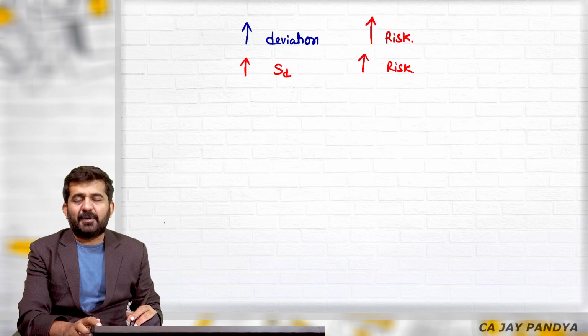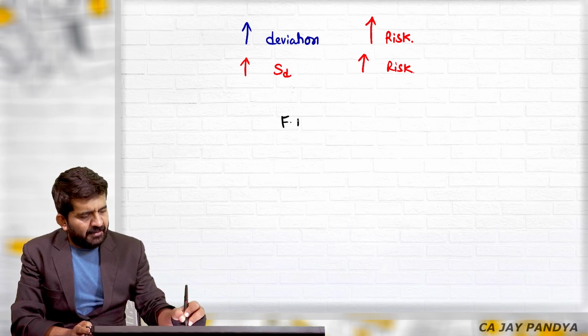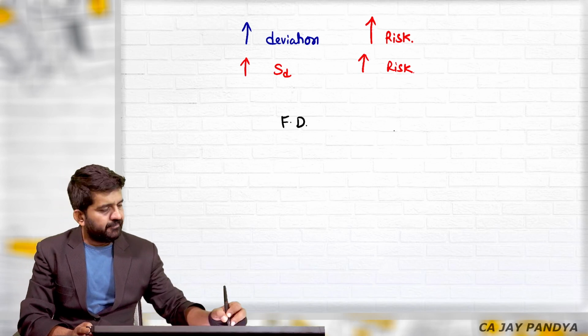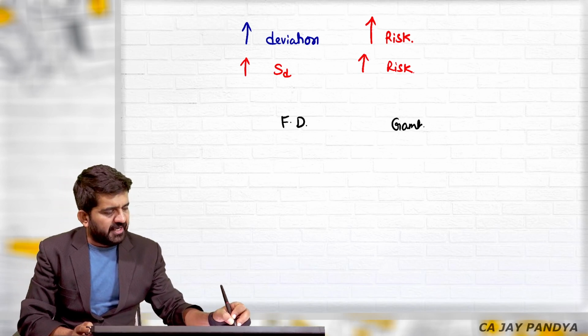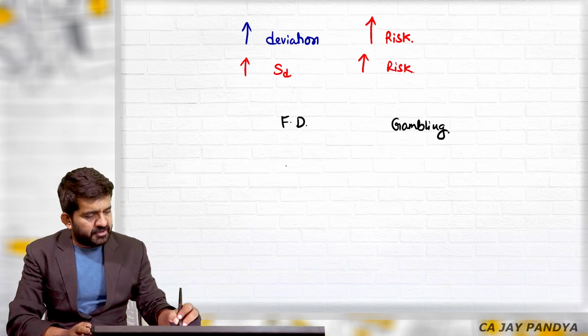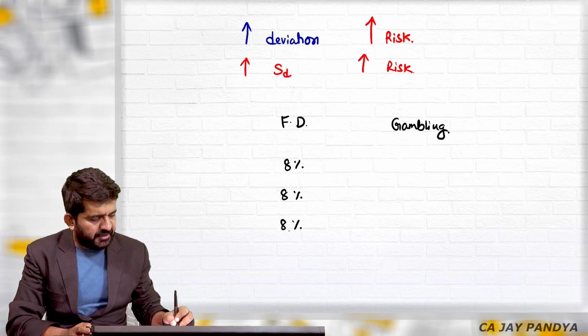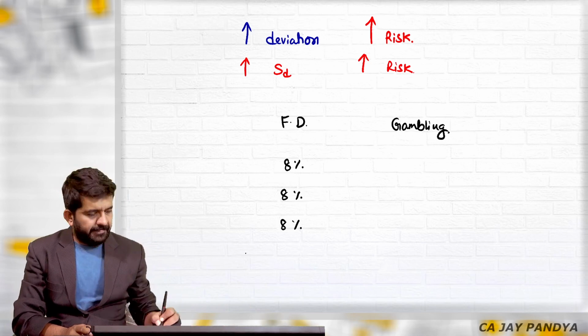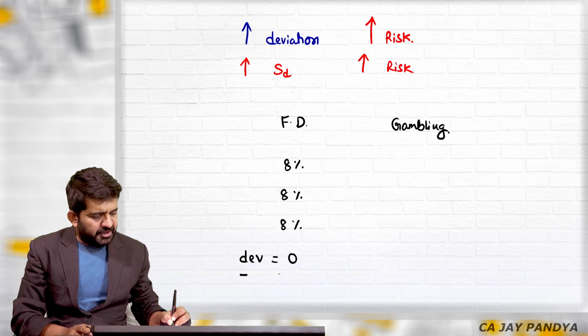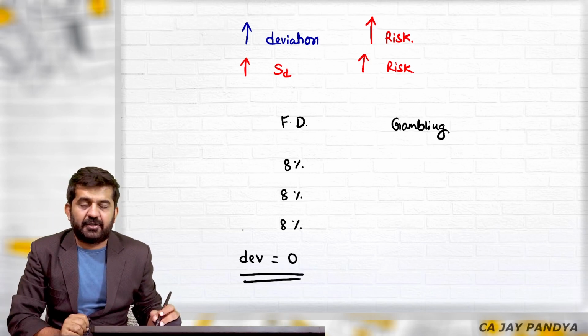I'll tell you a simple example and you will get this particular chart. If I am investing in fixed deposit, if I am doing gambling, in fixed deposit, I might be earning 8% rate of return, 8% rate of return, 8% rate of return. See, what are my deviations? 0. There are no deviations. It is fixed that I will be getting 8% rate of return.